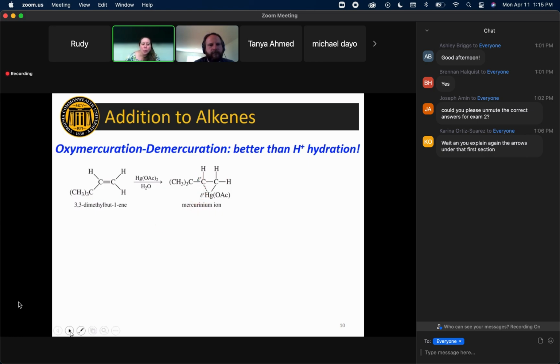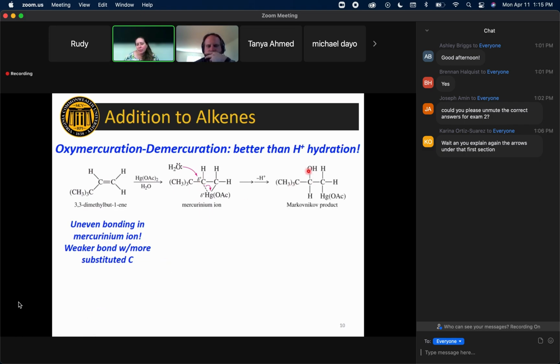Now, what that means is that when the nucleophile attacks, that nucleophile is going to attack on the side of that former double bond that has that more positive charge buildup. So our nucleophile will come in to the more substituted side of our mercurinium ion, and it'll break this carbon-mercury bond with the 2 electrons that are here going back to the mercury, because otherwise we would have more than 8 electrons at that carbon.